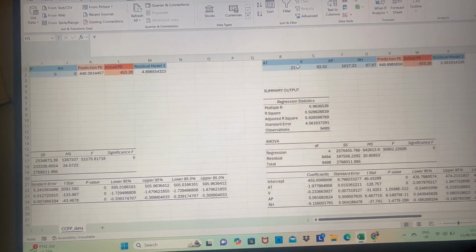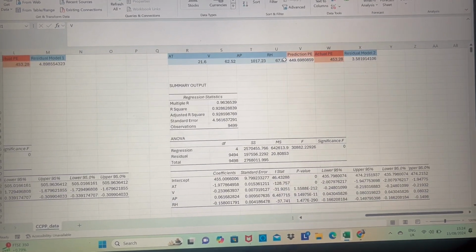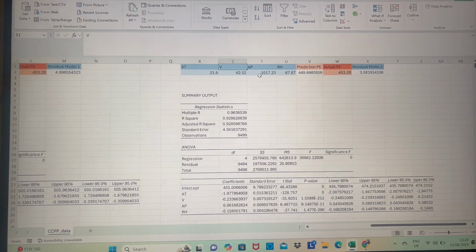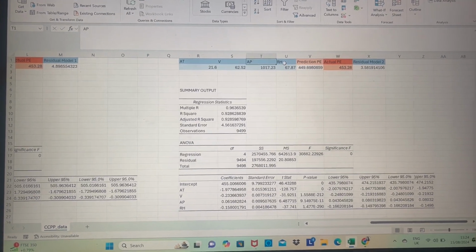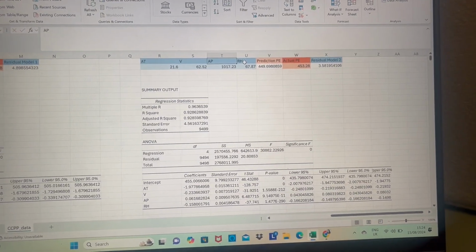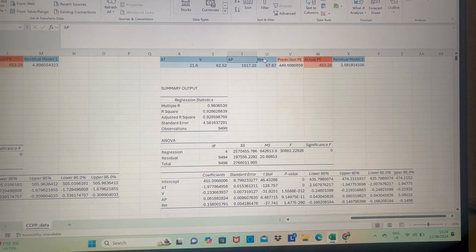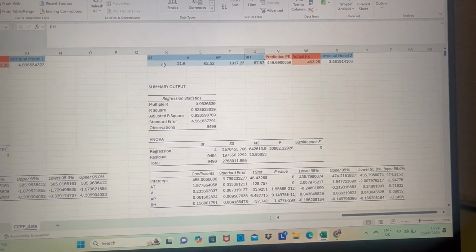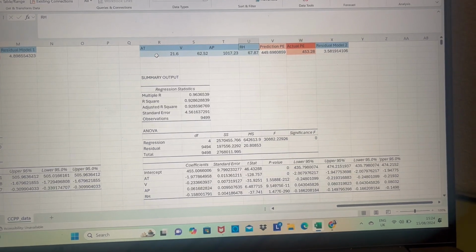And in my second model, I'm using the four independent variables: temperature, vacuum, ambient pressure, and the RH, which stands for relative humidity. So these four are being used as independent variables.